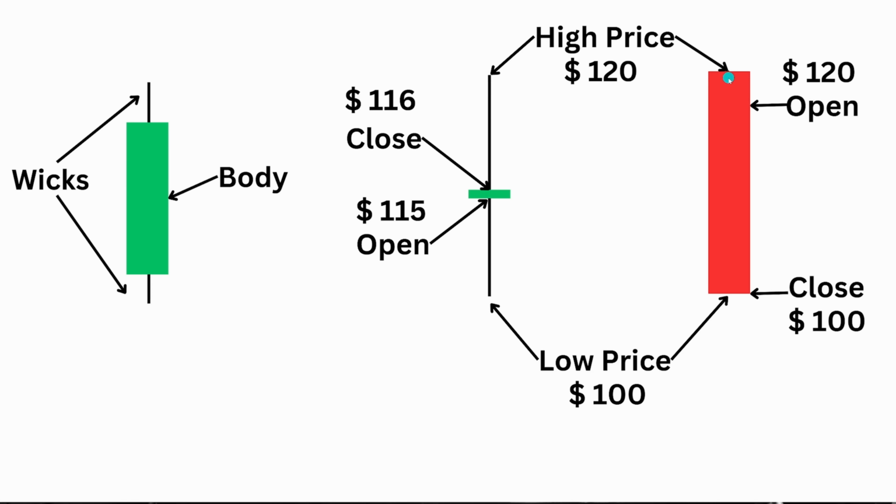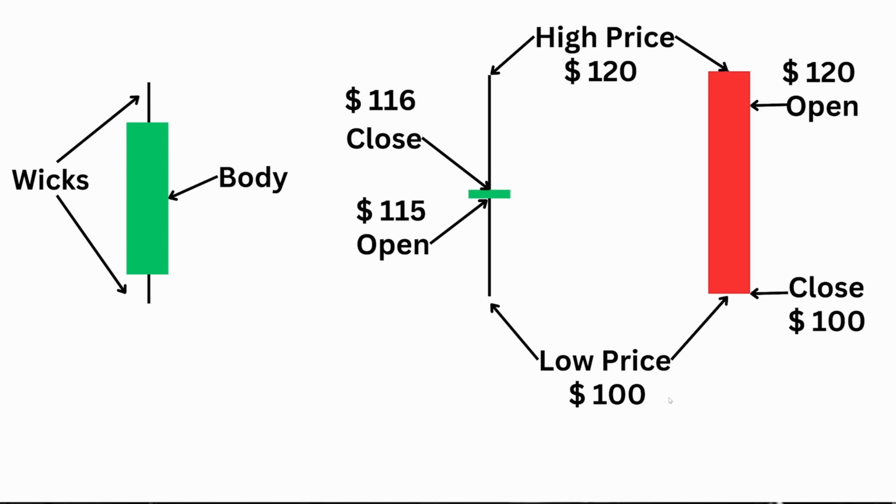You can also have candles without wicks. For example, this particular bearish candle, it opened at 120 and closed at 100. But coincidentally, the high price for the day was 120, low price was 100. So there is no wick because the entire body of the candle takes care of the high price and the open as well as low price and the close.